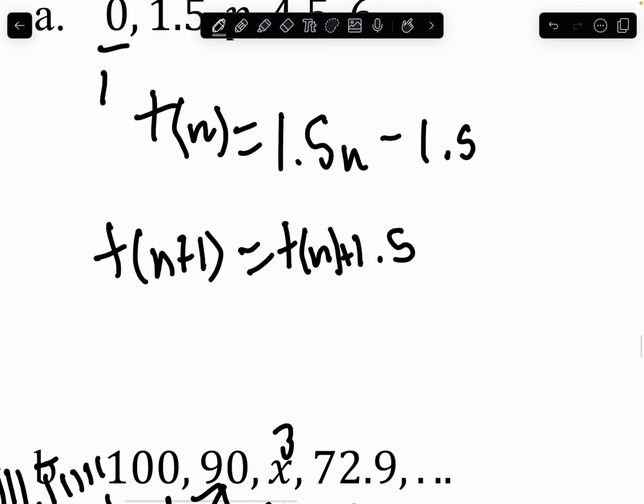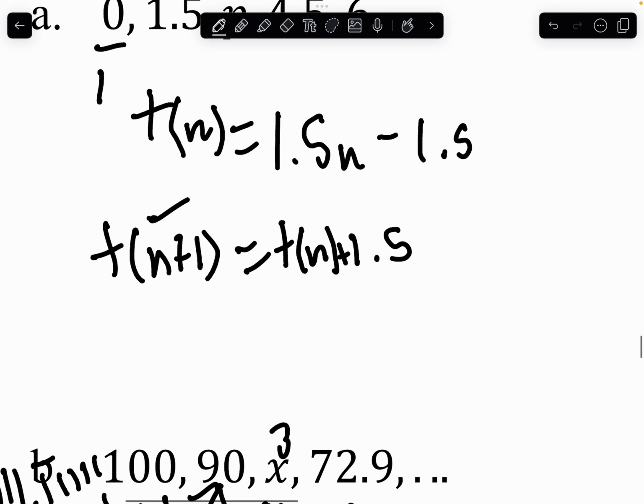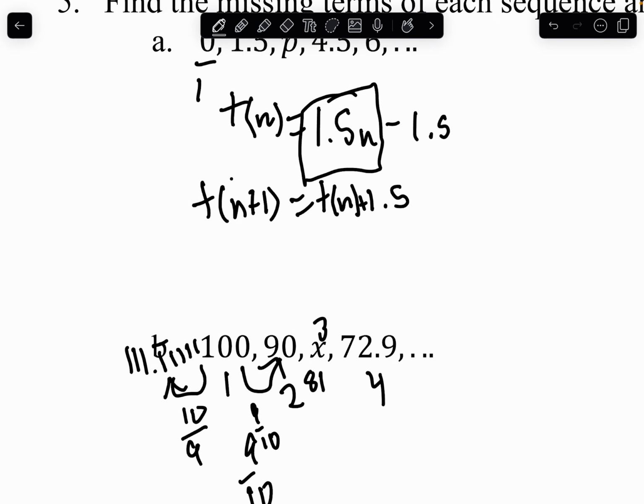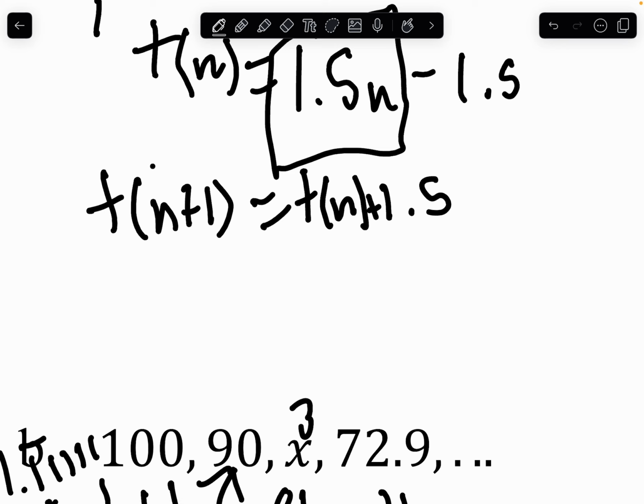So it might be a little confusing to you, but all it's saying is the next term in the sequence is going to equal the previous part plus 1.5. Because remember it's adding 1.5 every term.